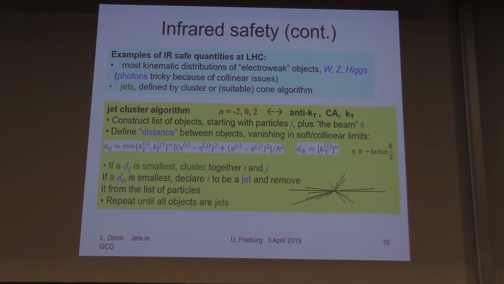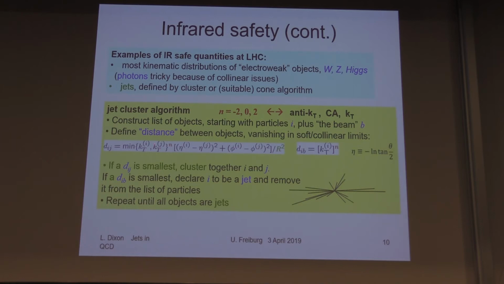And the kT that you take the minimum of can be raised to different powers, and different powers have different properties. So the original one that was used in e+e- was called the kT algorithm, and that corresponds to that power n up there being +2.